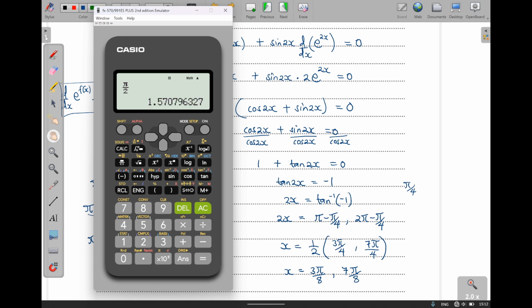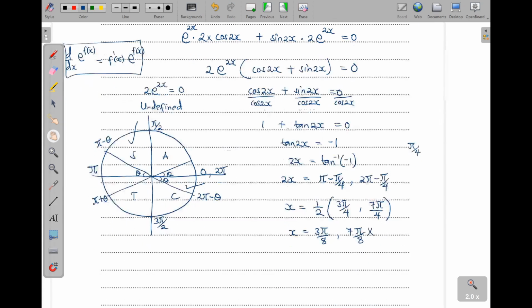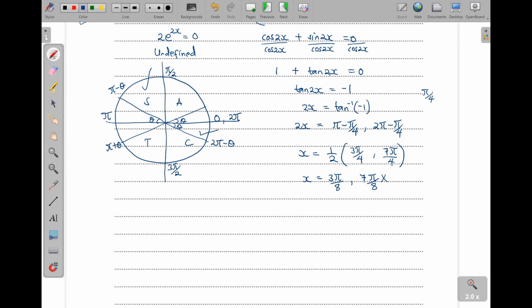That's what I'm trying to find out. This is 1.57. The other one is 1.178, so it is smaller. How about this 7 pi over 8? It is 2.74. Yet, pi over 2 is 1.57. So that means this one is bigger. So we shall leave it out. And then we shall take our x, which is equal to 3 pi over 8.